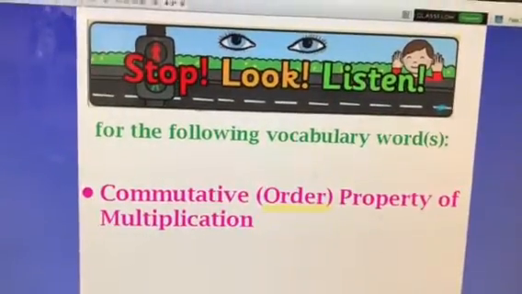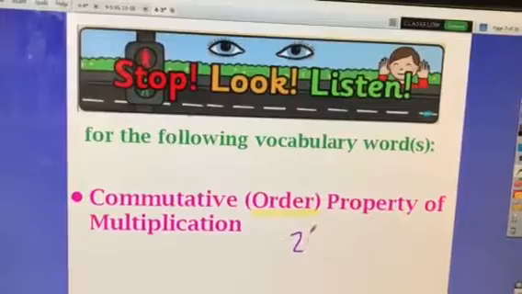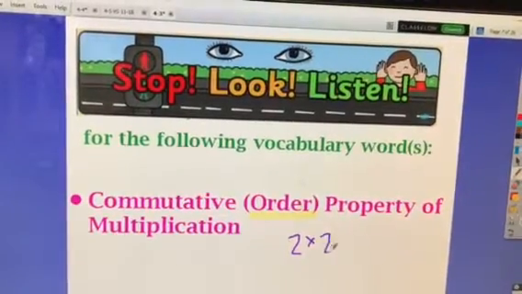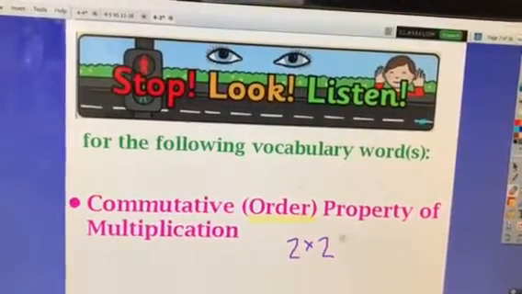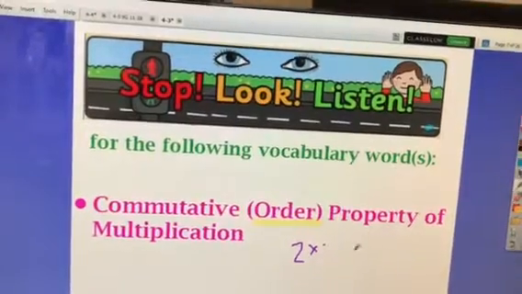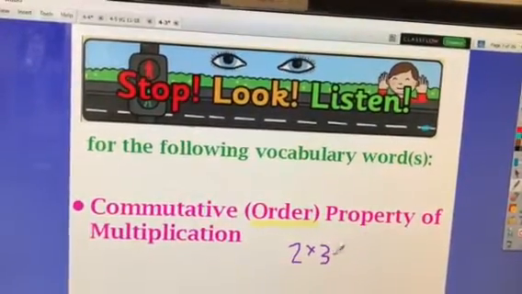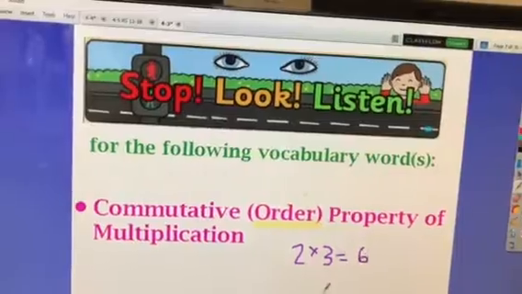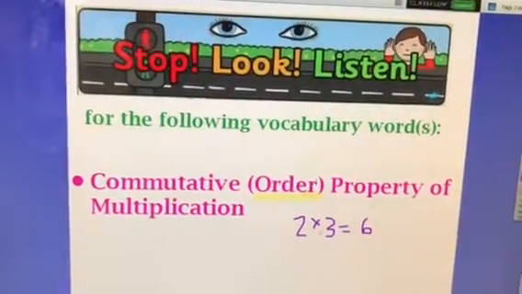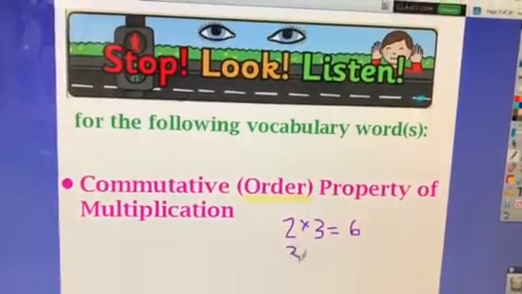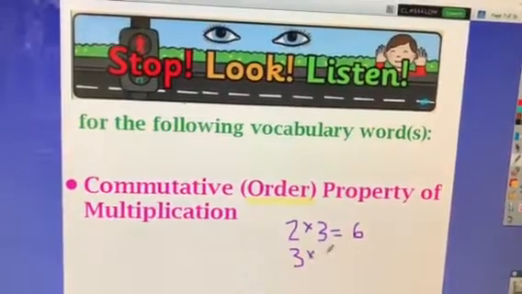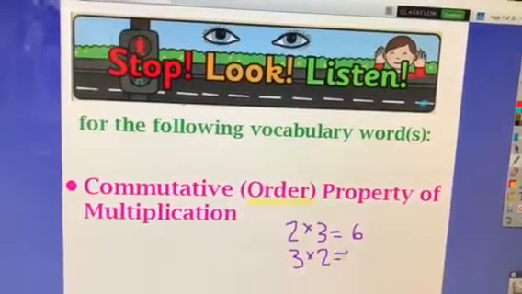And what this tells us is that if 2 times 3 equals 6, then we know we can switch the order of the factors, and 3 times 2 also equals 6.